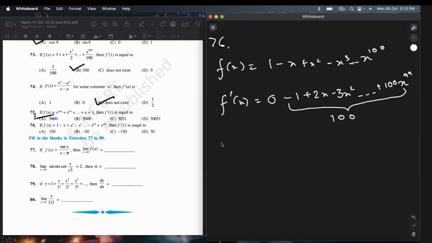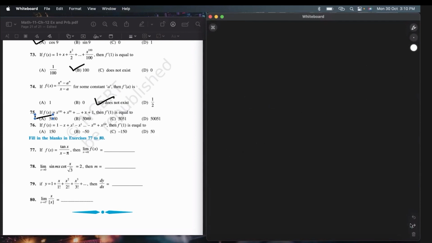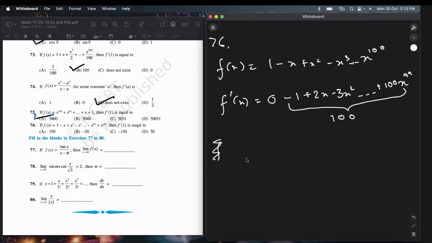And what catch do I have in this question? That x equals 1. So I can simply write this whole thing as what? There are two ways to proceed. Let me take the even and odd parts and separate them, because there's a minus sign as well. The odd part is 1 plus 3x square plus 5x to the fourth, going till 99 times x raised to the power of 98.